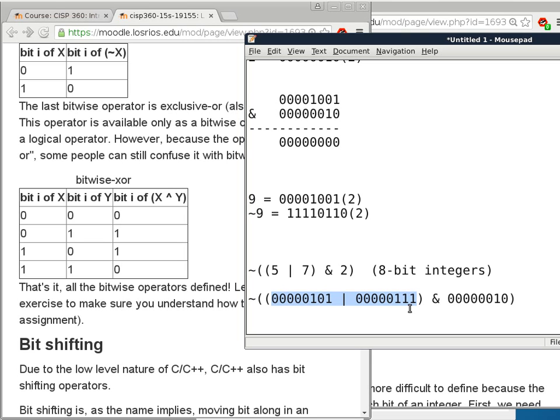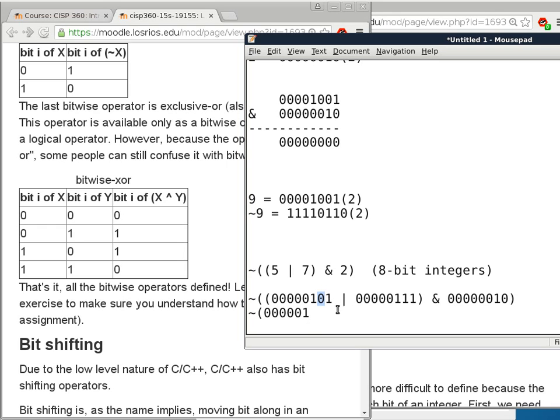So we know the bitwise OR of a 0 and a 0 is basically a 0. So if I need to rewrite this one, it will start with 5 leading zeros. Both numbers have a 1 at this particular bit position, which is bit 2. So we end up with a 1 here.